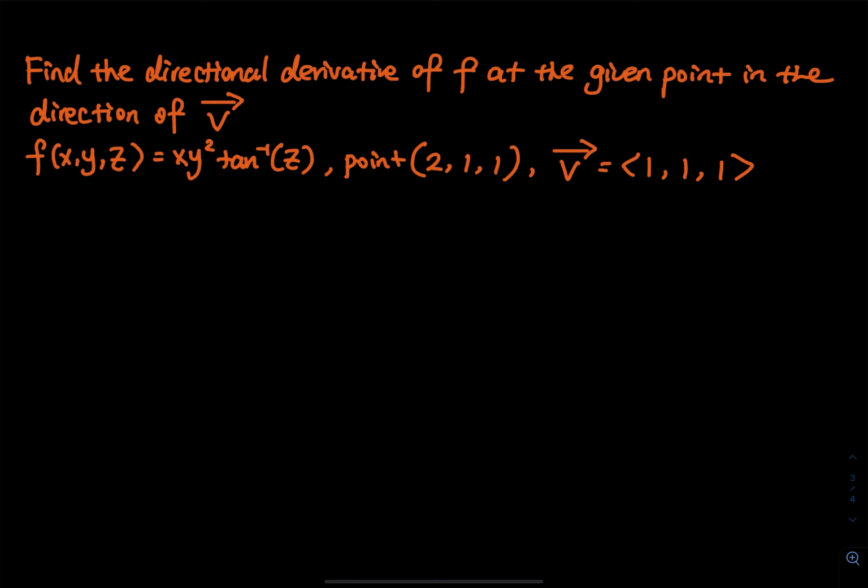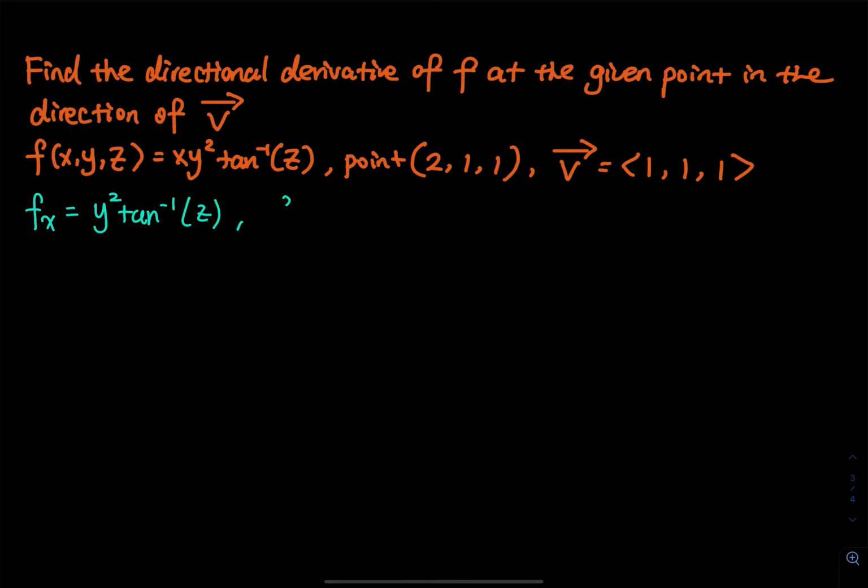Okay, let's do the partial derivatives, right? Because for the directional derivative, we have three independent variables. You have to do one with respect to x, one for y, one for z. So the derivative with respect to x, what is that equal to? Only x is a variable, so the y squared stays, the derivative of x is 1, so y squared, and then the inverse tangent stays.